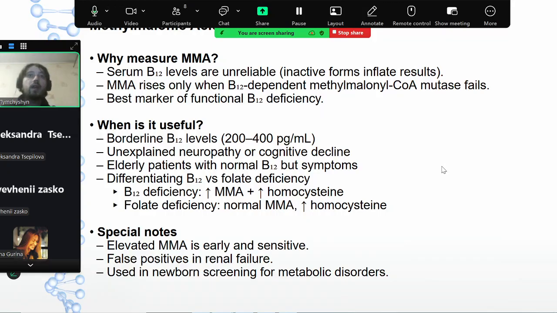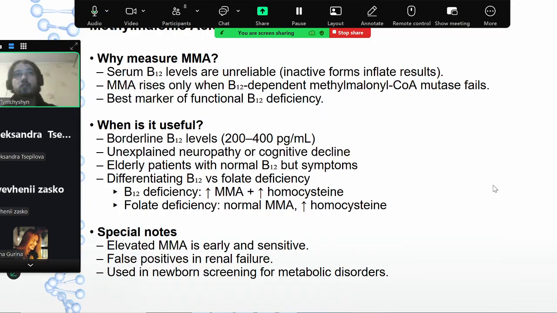And methylmalonic acid rises only when B12 dependent methylmalonyl CoA mutase fails, and that's the best marker of functional B12 deficiency. So that's really good. We have only 2 reactions that need that B12, so it's not so large a pool of reactions, and we can check whether they go as planned, so whether we have a sufficient amount of the B12 vitamin in the organism.